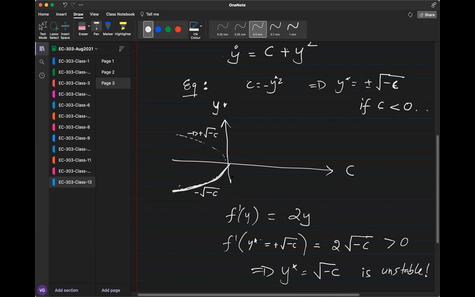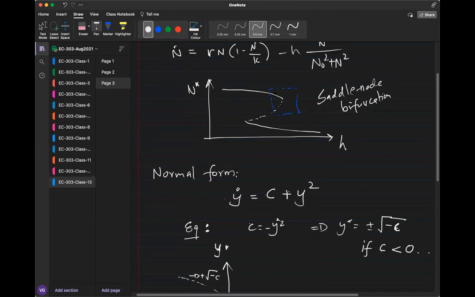What this means is that as you increase c, the system will be in this equilibrium. It will follow this, but the moment c increases beyond 0, the system is now... just look at this part of the bifurcation diagram with this part.